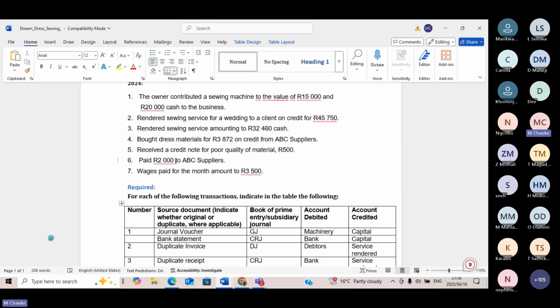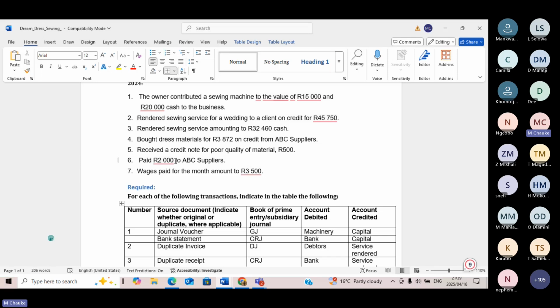But if you have issued a credit note, you are receiving a return of goods that you sold to clients. When the client is returning the goods they bought from you, you issue a credit note, and the customer receives it. But now you are the customer to your suppliers, so you are receiving a credit note. Therefore, it means you have returned poor quality materials to your supplier.